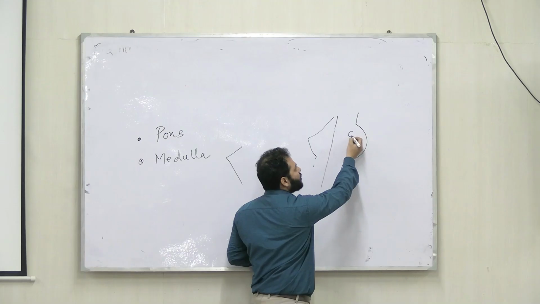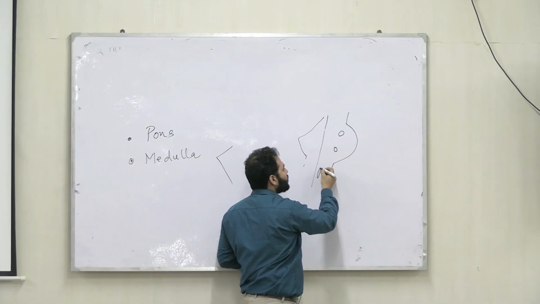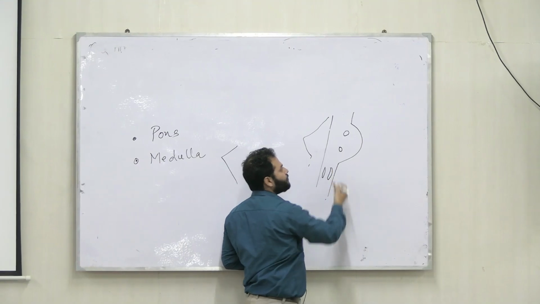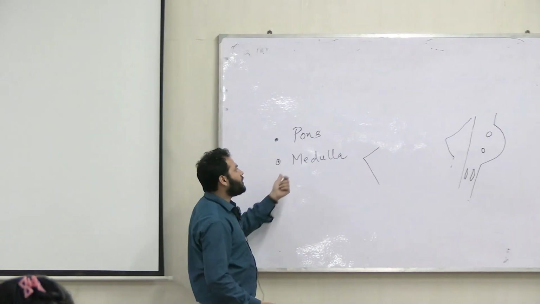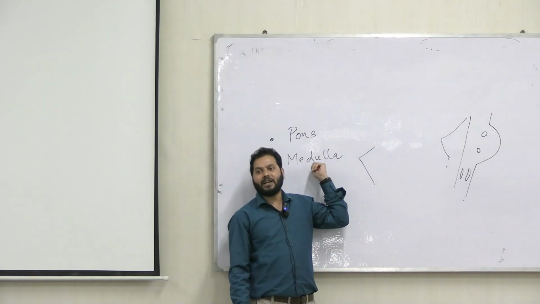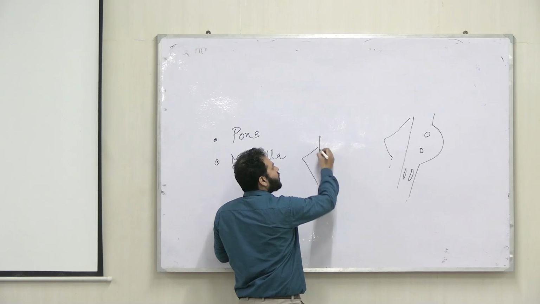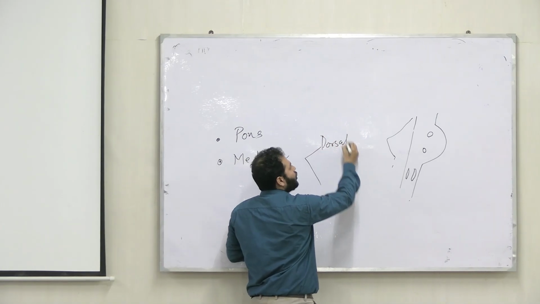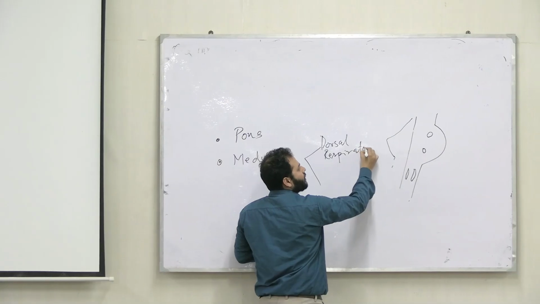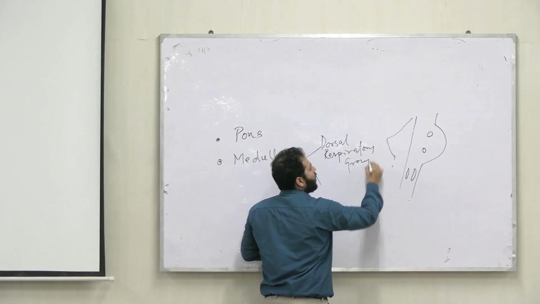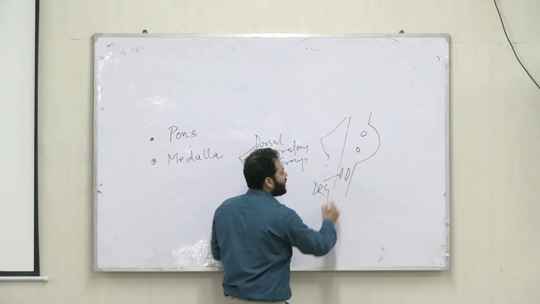If you see the structures of the pons area as well as the medullary region, you will find some respiratory centers. The respiratory centers that are present in the medullary region are called the dorsal respiratory group, or DRG, right?